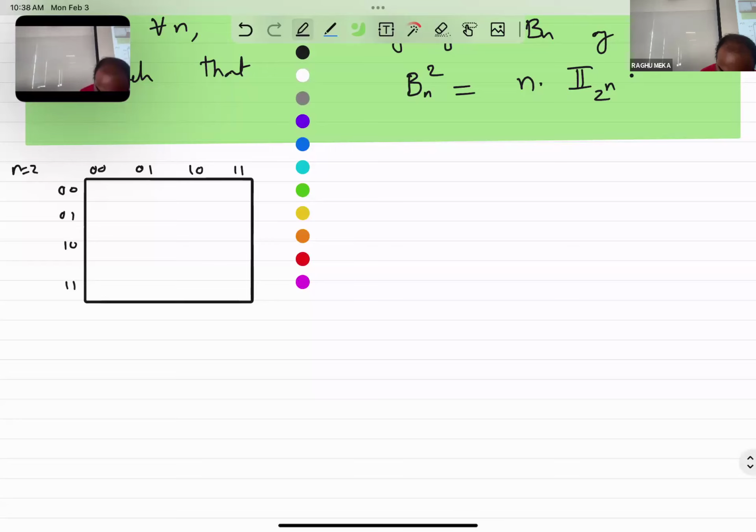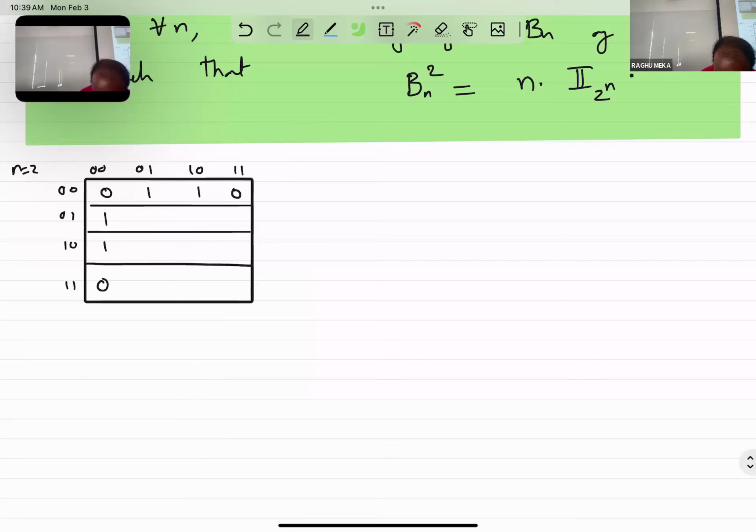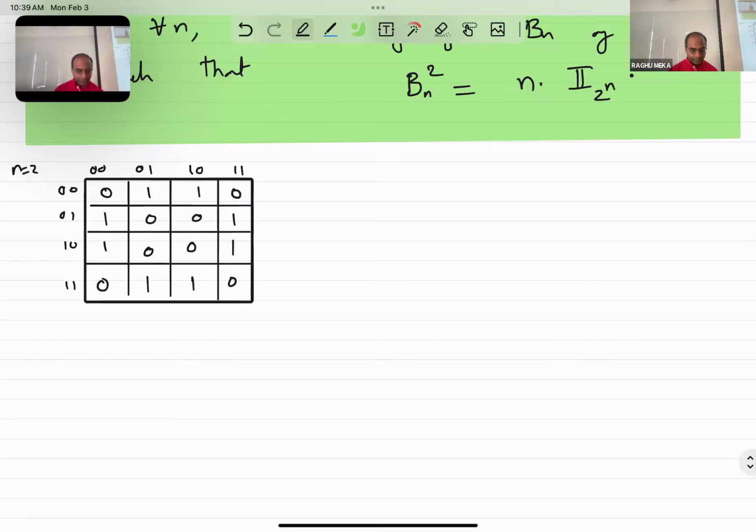And what are the edges? Just 0, 1, 1, 0.